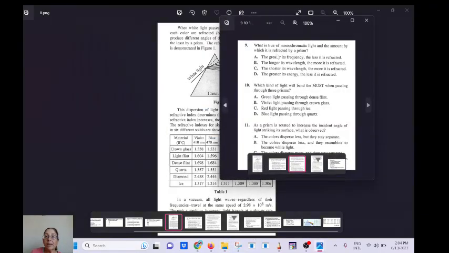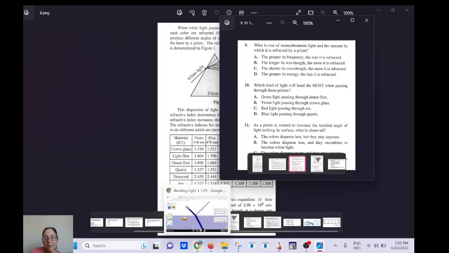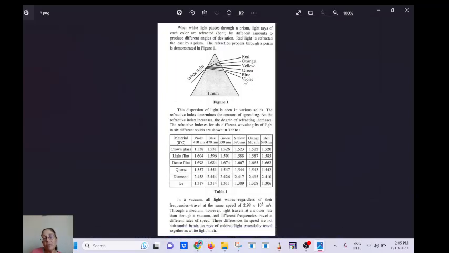Number 8, number 9. So monochromatic light, that means one frequency, one color, is refracted by a prism. So you see that according to here, when you go toward the blue, the wavelength gets smaller, the frequency gets larger, and as the wavelength gets smaller, you're going to have more refraction.